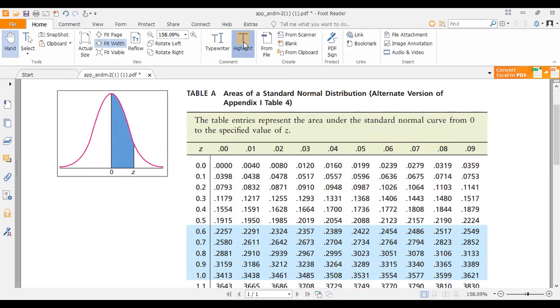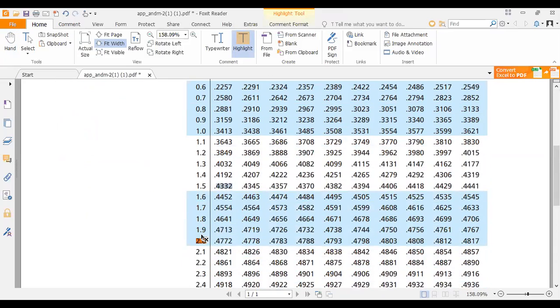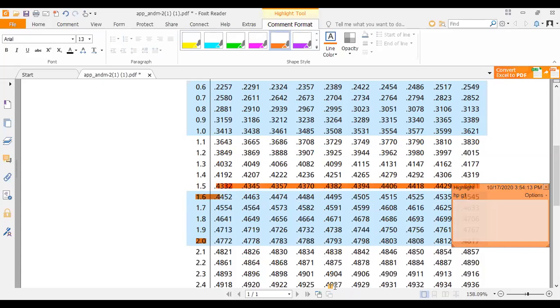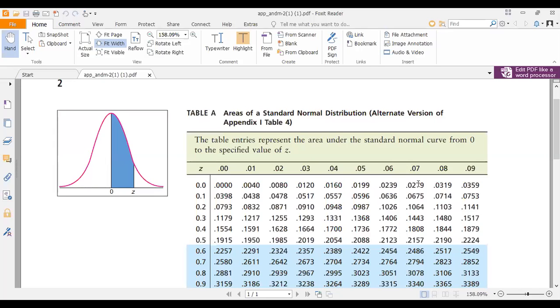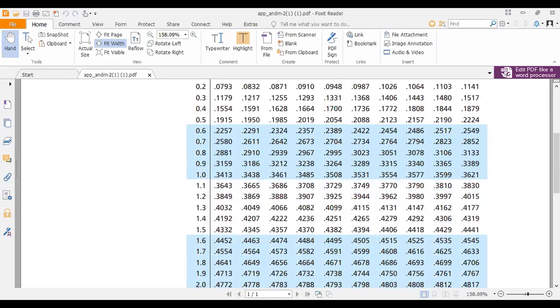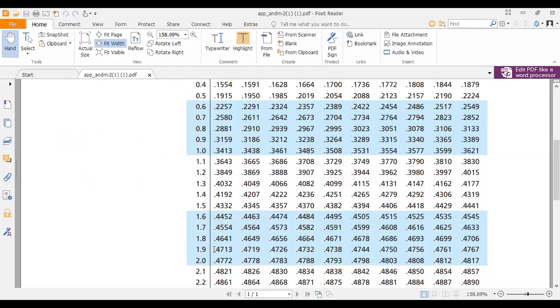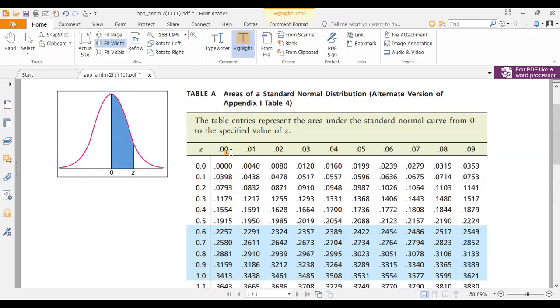So 2.0 is the first decimal place, and the 0.00 is the second decimal place.